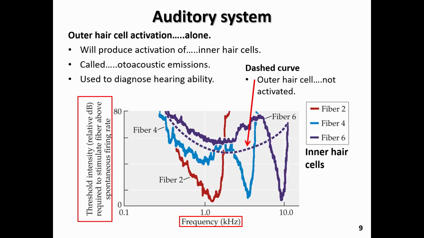So if we have no efferent fibers, then these three sharp tuning responses would collapse into the dotted line here, showing that without the stiffening of the tectorial membrane, the ability to differentiate on a very fine basis sound waves of different frequencies will not be possible.